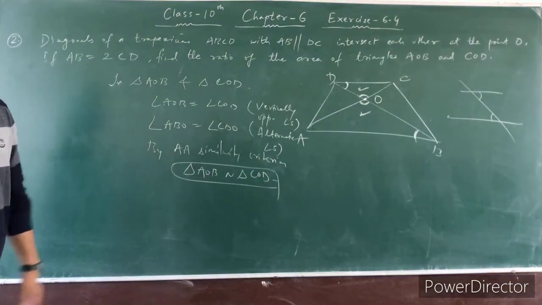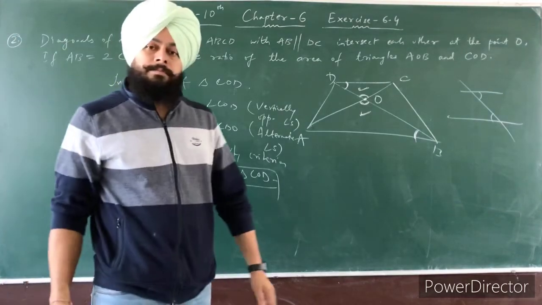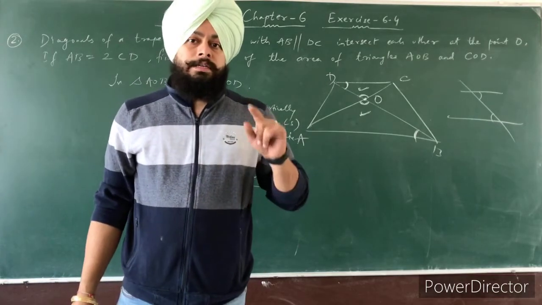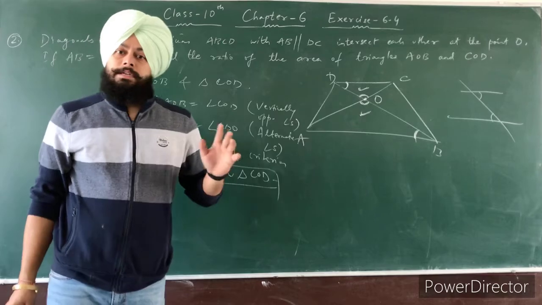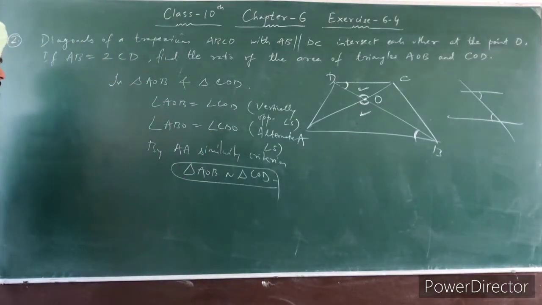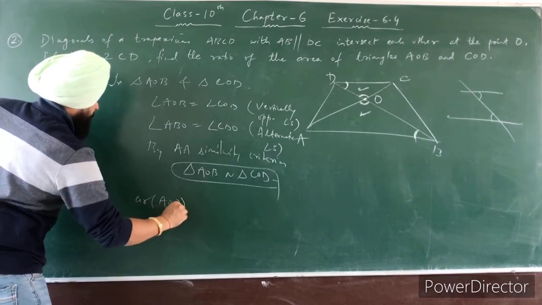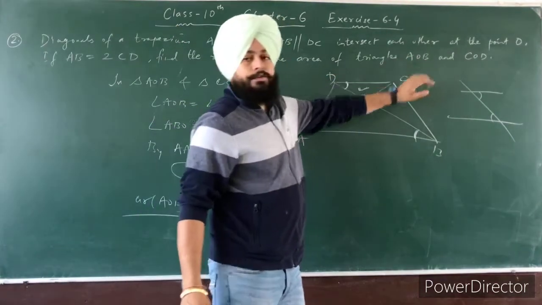Now the triangles are similar. So from which theorem? 6.6. The ratio of the area of two similar triangles is equal to the square of their corresponding sides. So I will write the area of AOB, which is the one you have to find the ratio of.